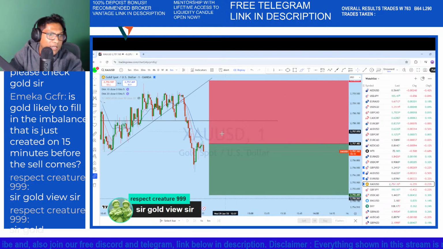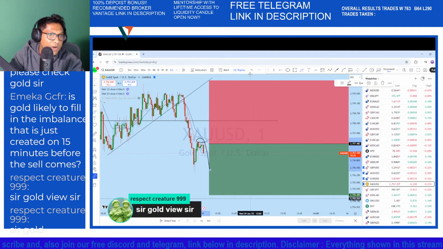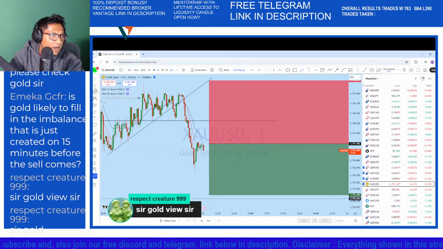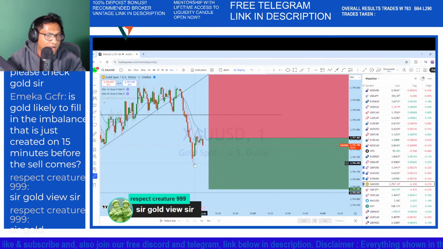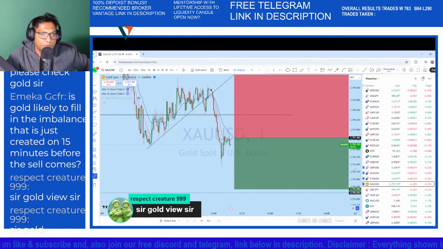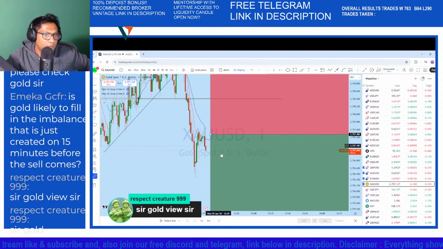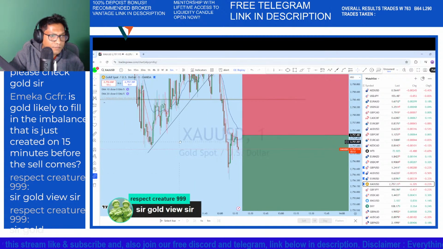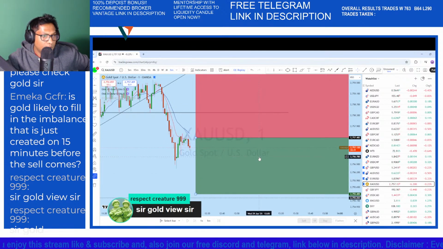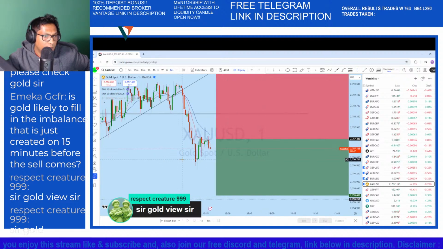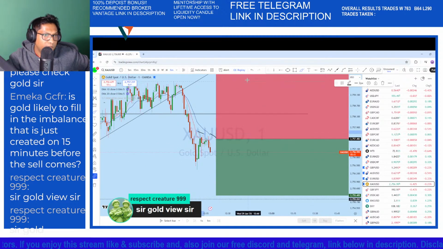So from this resistance here, we can see the price is slowly coming back to that support to find out where the market might be heading to. Wanting to see that it's coming. Forming a series of lower highs here.